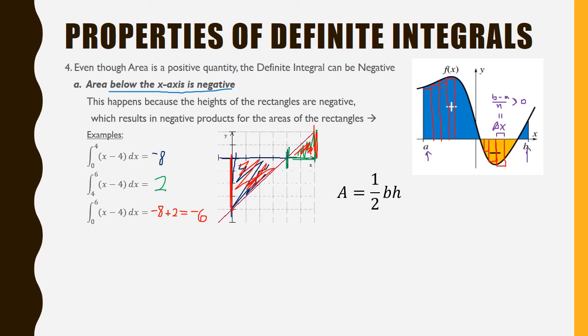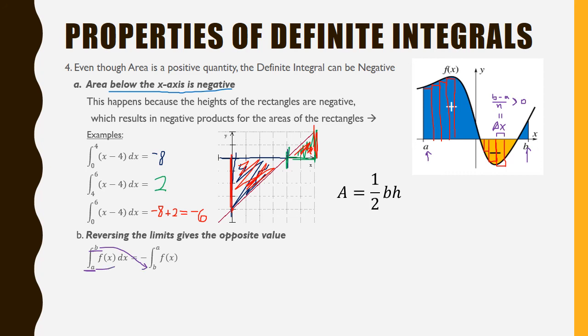So when does this happen? When does a happen to be bigger than b? Well, sometimes when we write a definite integral, we might write the limits, the upper and lower numbers, out of order. Don't worry, it's an easy fix, because if I happen to have these numbers out of order, I can just swap them.